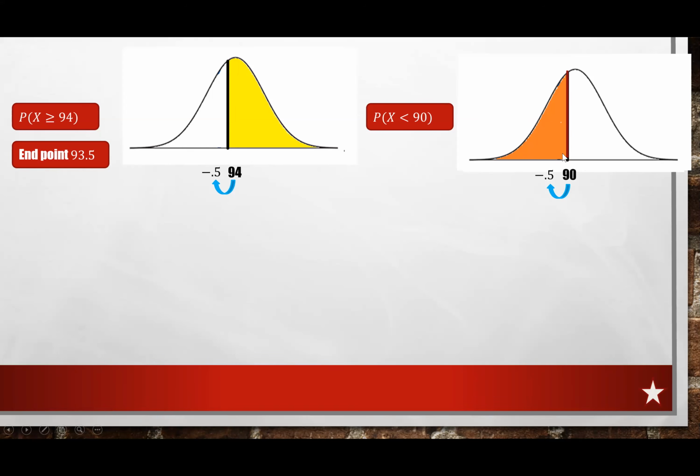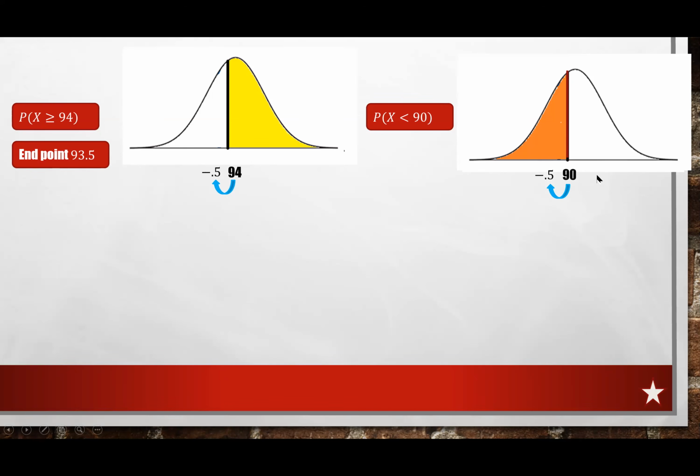So we still have to move slightly to the left so that we exclude the 90, because again, this is the area we're looking for. Over here, the area we're looking for is to the right and we want to include the 94, so we move it to the left. This one here, because we want to find the area to the left and we want to exclude the 90, we want to throw this thing away, so we have to move it to the left too, because the area we're looking for is to the left.